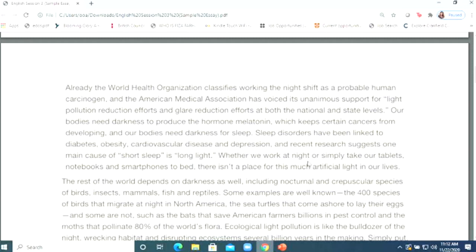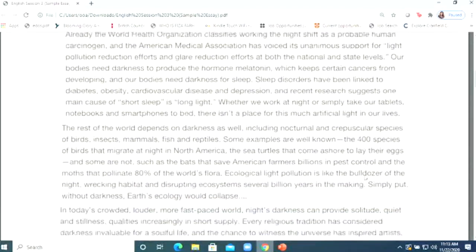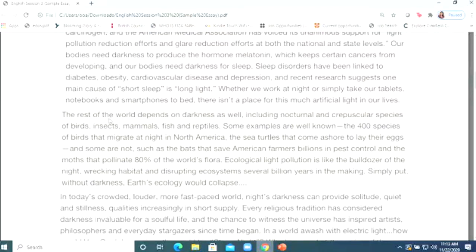Whether we work at night or simply take our tablets, notebooks, and smartphones to bed, there isn't a place for this much artificial light in our lives. Once again, he's trying to make the reader emotional, quoting facts about the routine of people and how they are deprived of natural darkness. So he's focusing on that.